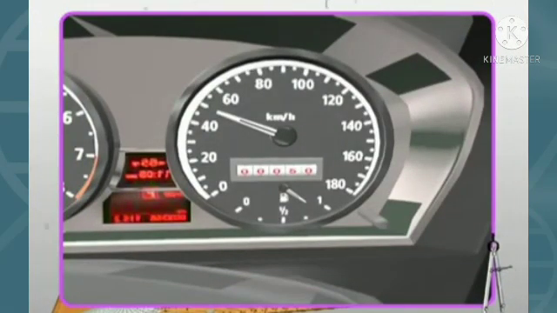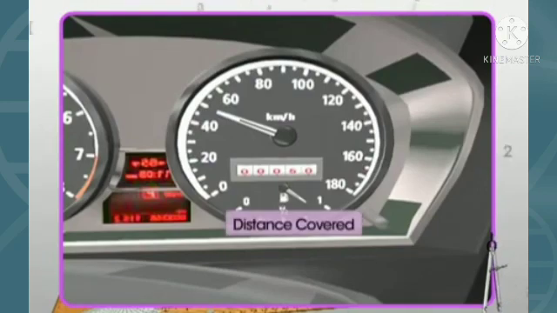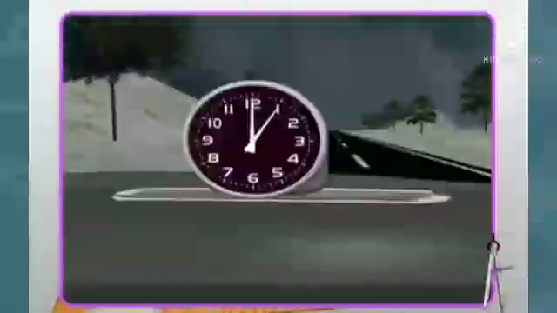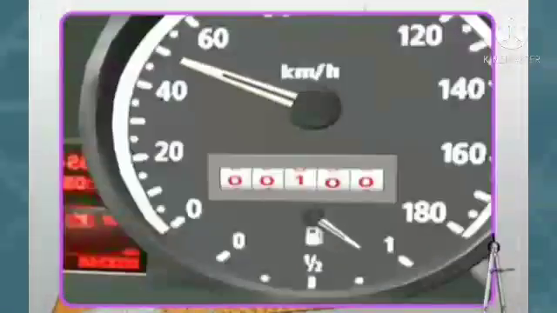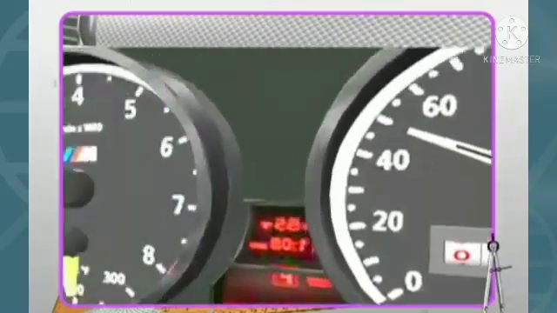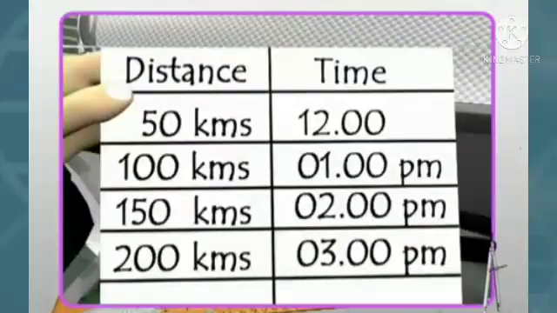At 1 p.m., his odometer reads 100 kilometers. The little boy is listing down the distance traveled and time displayed on a paper. 50 kilometers, noon. 100 kilometers, 1 p.m. 150 kilometers, 2 p.m. 200 kilometers, 3 p.m.